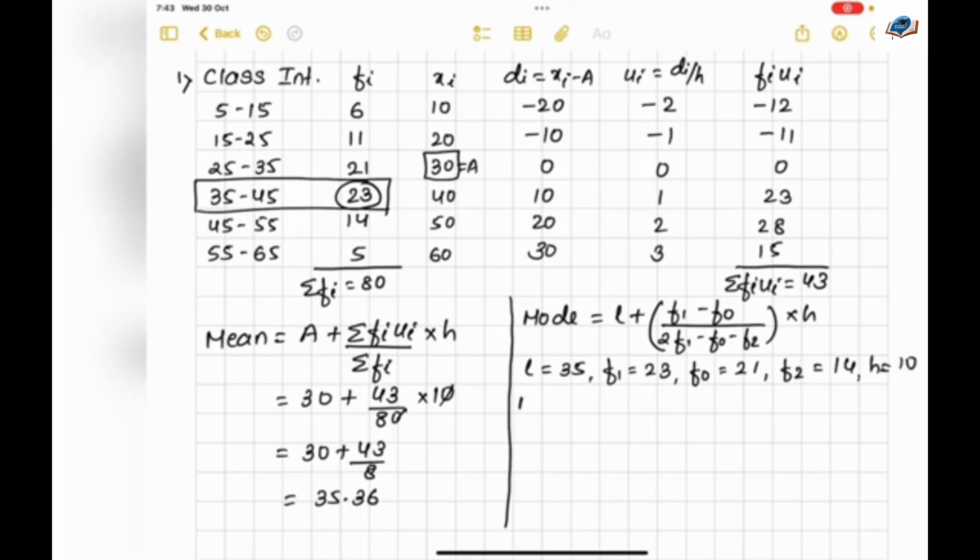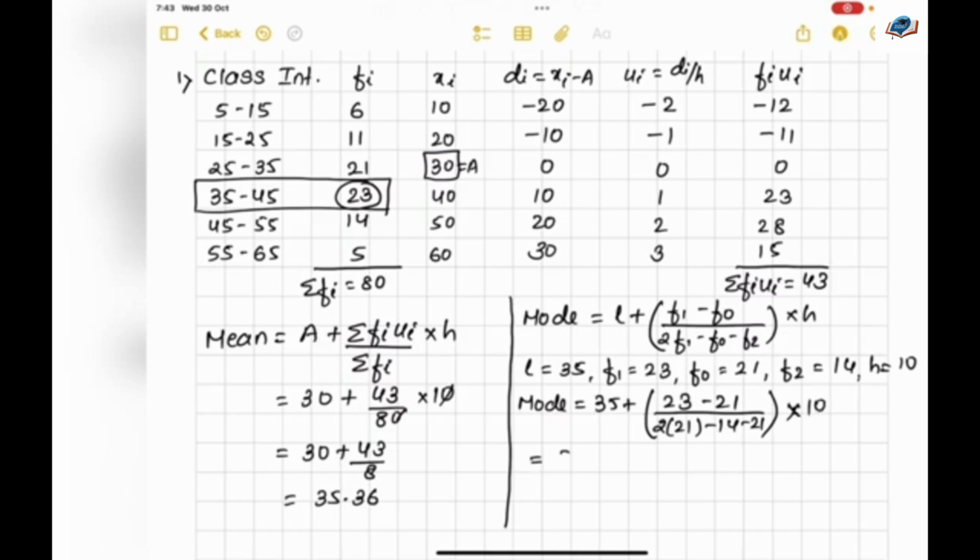So now putting the values, mode will be equal to 35 plus 23 minus 21 upon 2 into 23 minus 14 minus 21, into 10.